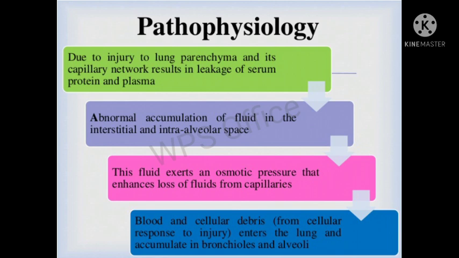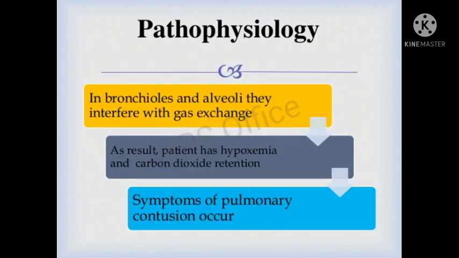Then what will happen? Blood and cellular debris will form inside the lungs, meaning dead cells will be accumulated in the bronchioles and alveoli. The bronchioles and alveoli are the main passage of gas exchange, so if they are blocked by dead cells and debris, it will interfere with gas exchange.